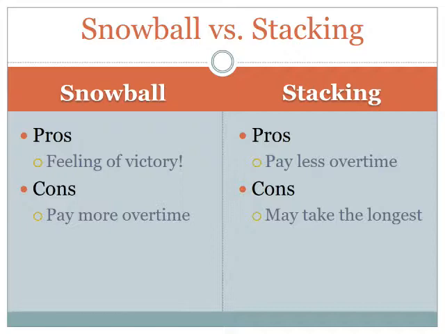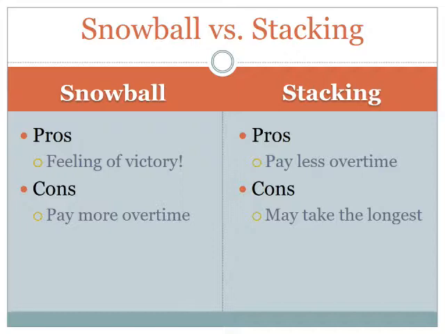For the stacking method, pro, compared to the snowball method, you will pay less over time by saving the most money in your interest payments, as it's essentially the exact opposite of the snowball. It also may take you the longest to pay off that debt, especially for high balance debt such as student loans and mortgages. So which method is the best?